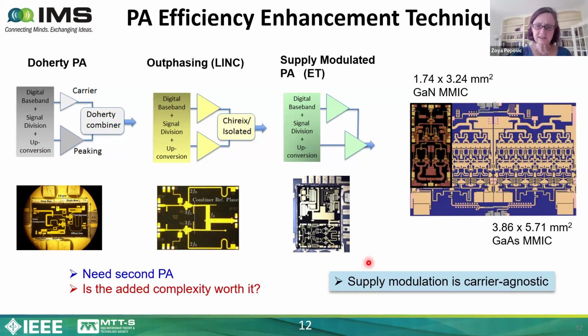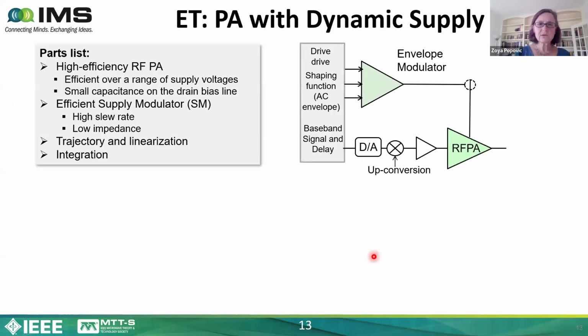Also, it does a very nice job of managing the heat. So what do we need for a power amplifier that operates in this manner? We need an efficient PA that operates over a range of supply voltages, an efficient modulator, and all kinds of other interconnects and so on. So it's a complicated system.